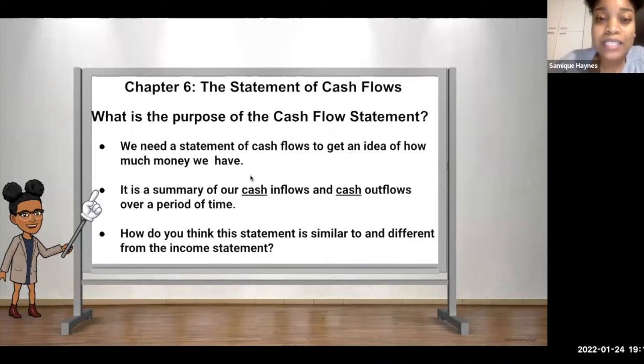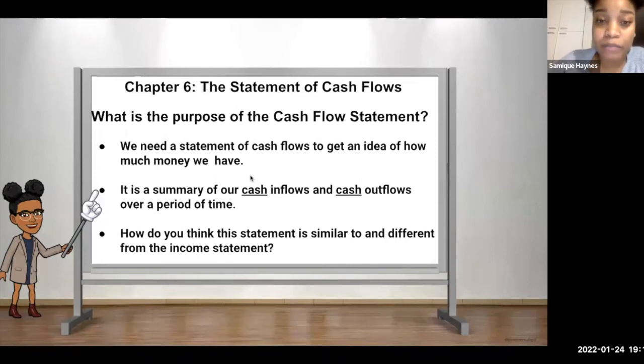So this statement is called a cash flow statement. So it must be different than the income statement. It must be different than just recognizing revenues and expenses. For this statement, the only thing we care about is when we receive cash and when we have to spend cash. So this is where the difference lies.